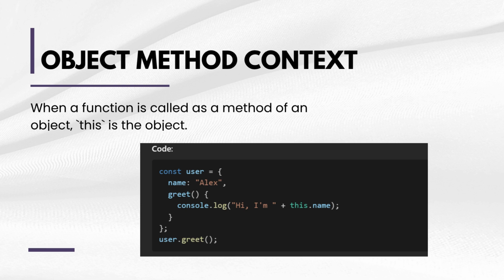In that function we use the this keyword to access the property of the object. When we run that code, the output will be Alex. That means this refers to the object itself. It allows methods to access and modify the properties of the object they belong to.